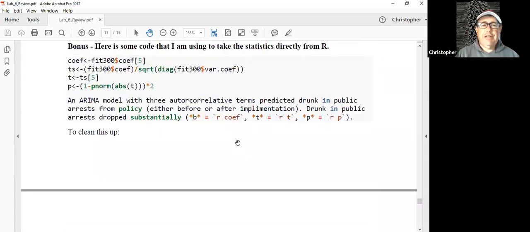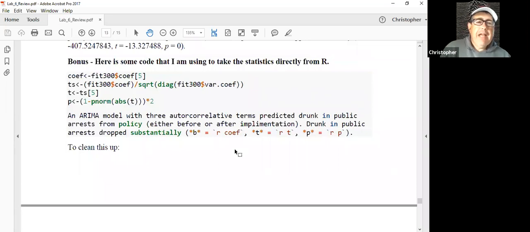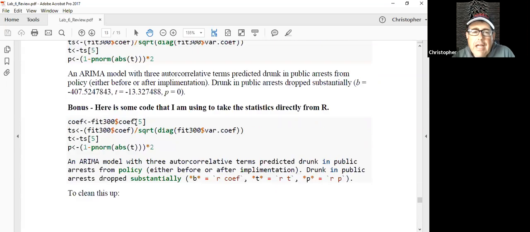And as a little bit of a bonus, I want to show you how I wrote this using R Markdown. So I grabbed the coefficient, the t-values, and the probability, and then over here, you can see the sentence: in an ARIMA model with 3 autoregressive correlations.